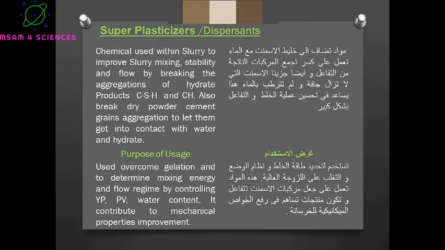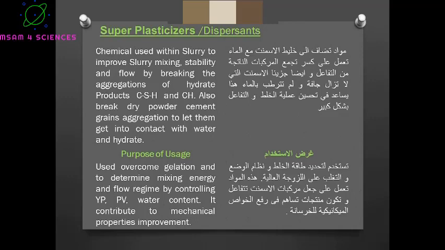Superplasticizers, or we call it in the oil field industry dispersant. Chemical materials used within slurry to improve slurry mixing stability and flow by breaking the aggregations of hydrate products, calcium silicate hydrate and Portlandite. Also break dry powders of dry Portland cement grains aggregation to let them get into contact with water and resume hydration.